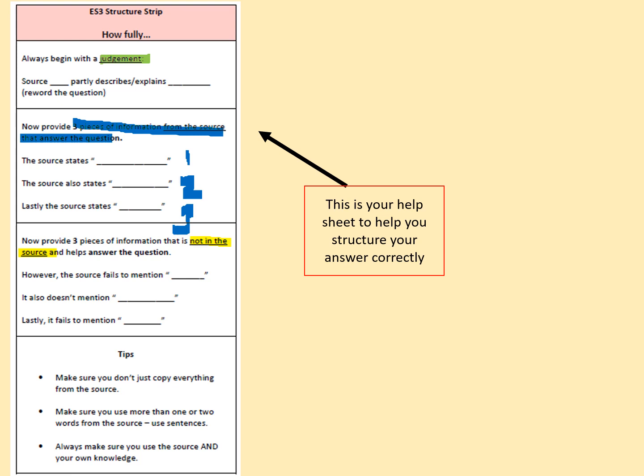And you would give 1 bit of information, 2, 3. Now, the how fully is worth 6 marks. To get all 6 marks, you need to have your judgment, you need to have 3 bits of information from the source, and you need to have 3 bits of information from your brains.